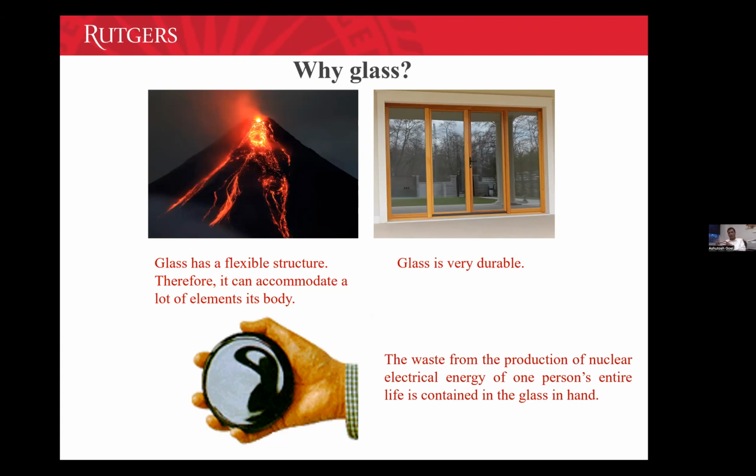Whereas crystalline materials have crystal structures like FCC, BCC, HCP. And if you want to substitute something in the crystal structure, you will have to substitute it at one of the particular lattice points or atomic sites, right? That's not the case with glass. In glass, it can accommodate a lot of ions and elements in its structure. And that's why glass becomes an ideal material in this case.